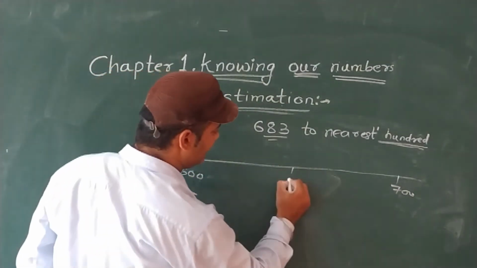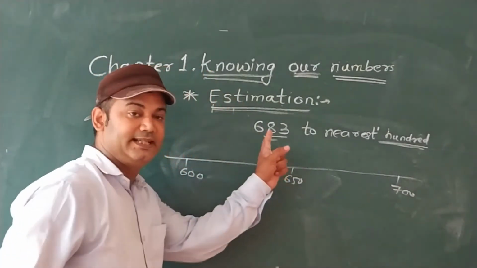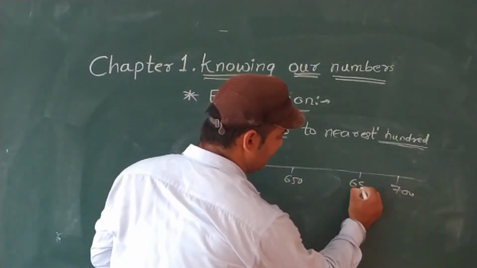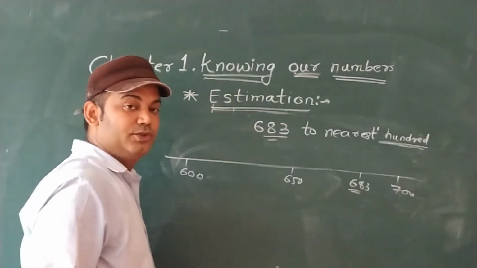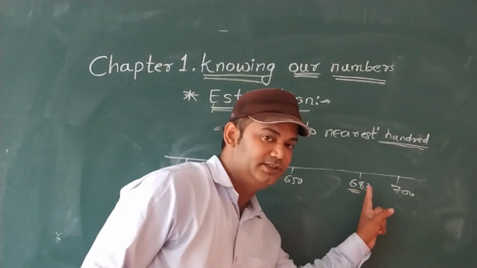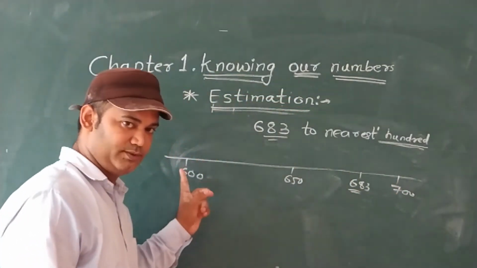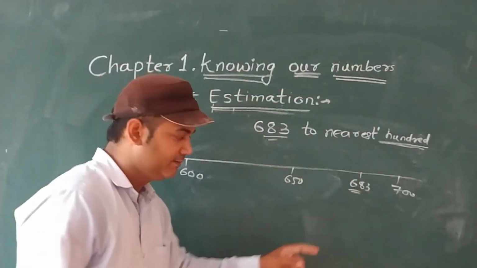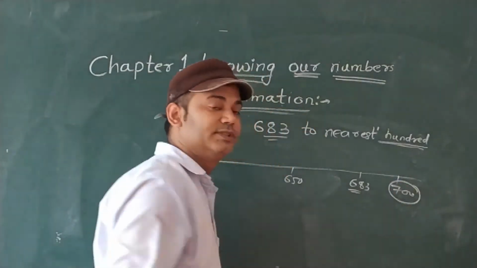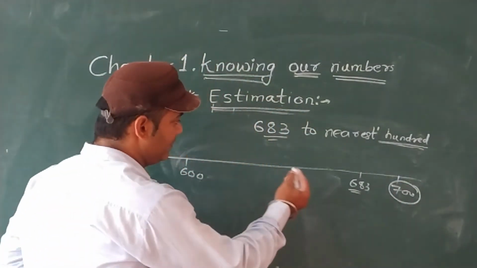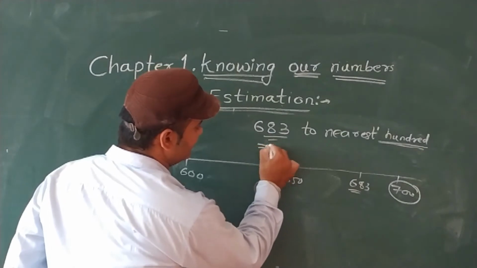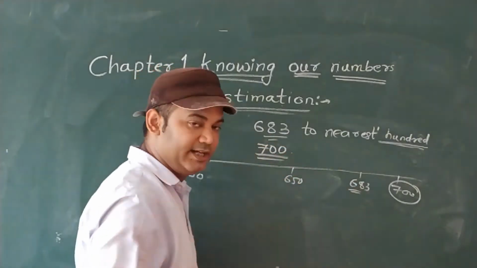In between 650. So 683 lies on this side, approximately here. So now tell me, is 683 closest to 700 or closest to 600? From the figure, it is closest to 700. From this you can say that 700 is the nearest 100 to this.